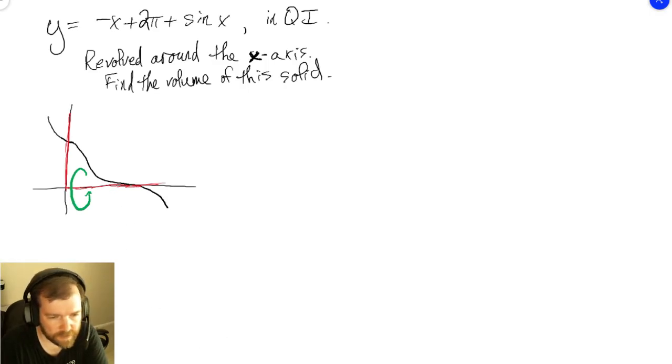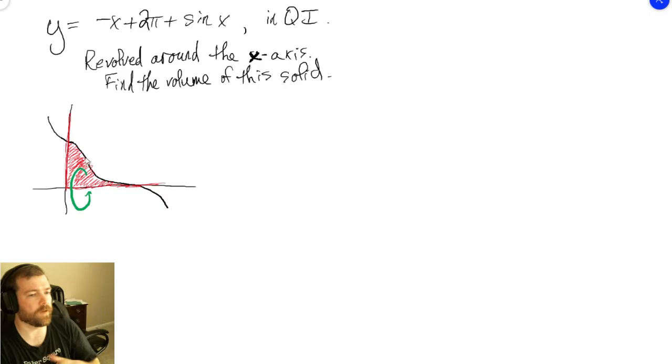So this area here, it's going to be revolved around the x-axis.